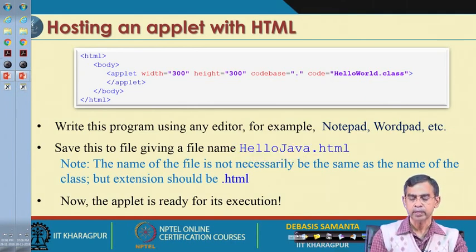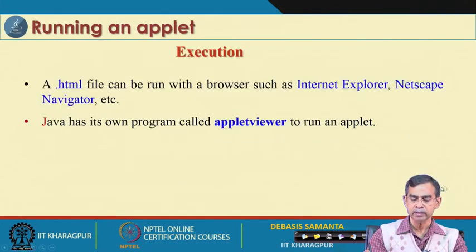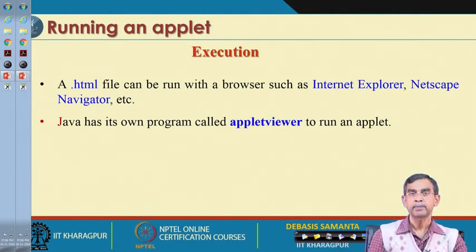It is not necessary to give the same name as the .class file or .java file. This file can be browsed using many browsers, and one popular tool in this direction is called the appletviewer. So it is appletviewer followed by the .html file.